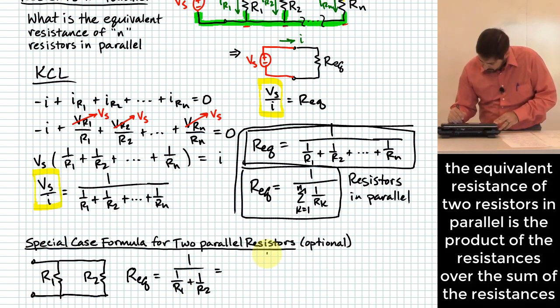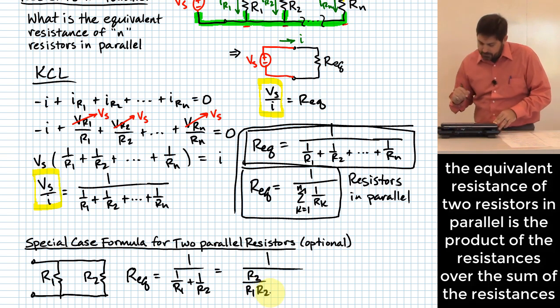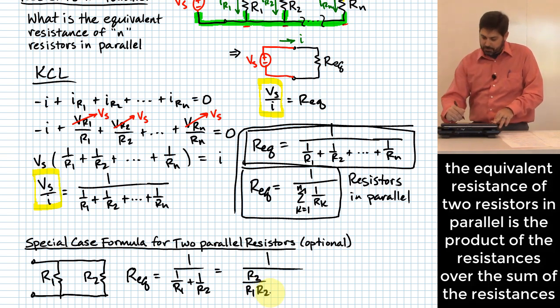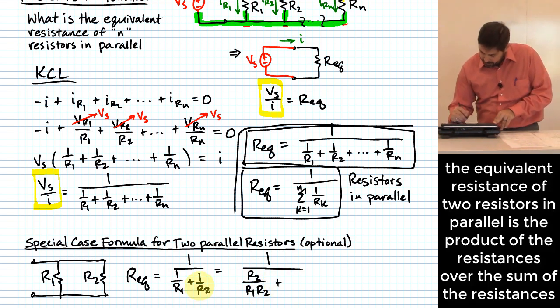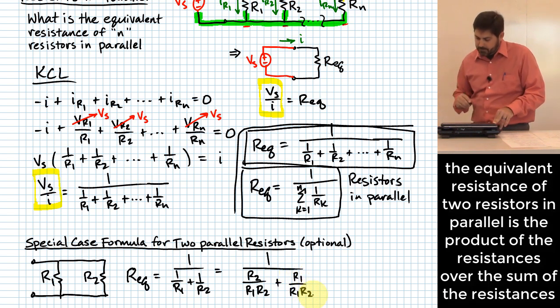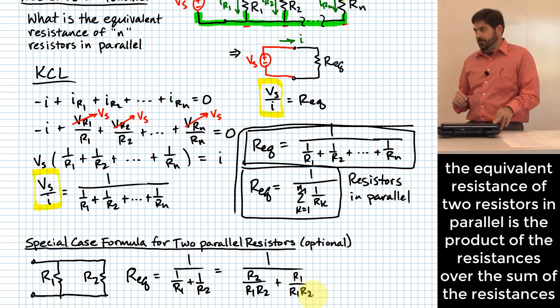In other words, 1 over R2 over R1 R2. I just multiplied that fraction by R2 over R2. Is that allowed? Okay. For the other one, let me multiply it by R1 over R1. That's what it would give me.